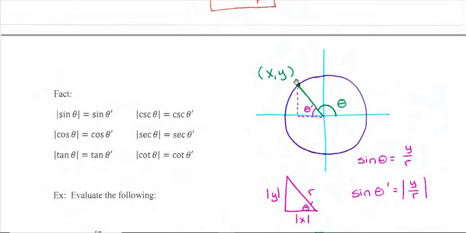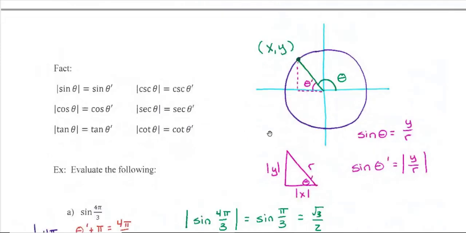So let's take a look at this on a circle, right? We have some random x comma y, and you've got this central angle theta in here. Well, for example, you can see that the sine, based on the definitions from earlier, is y over the radius r. But we're in quadrant 2, so the cosine, x over r, would be negative. Well, this reference angle right here, theta prime, forms a little right triangle where this hypotenuse is the radius, this is the x value, and this is the y value.